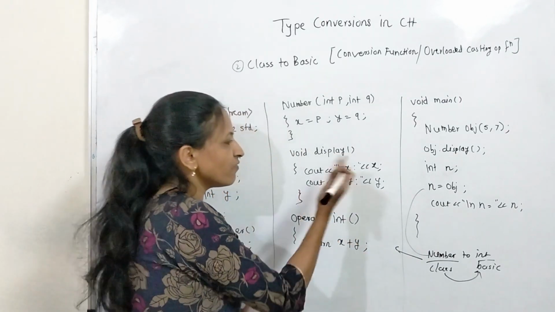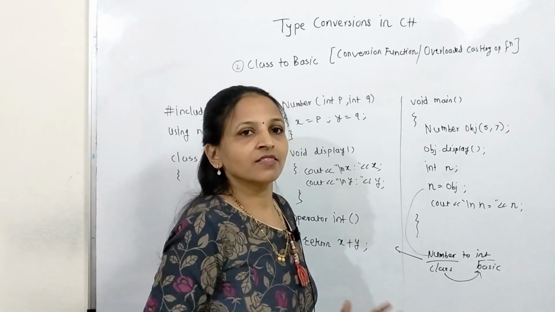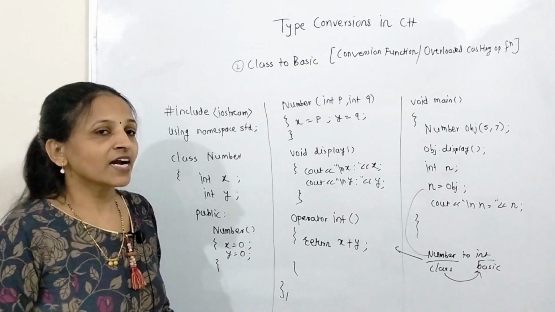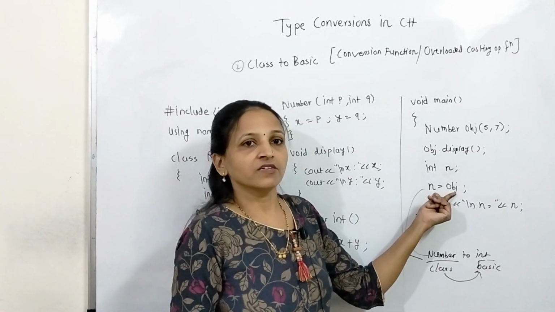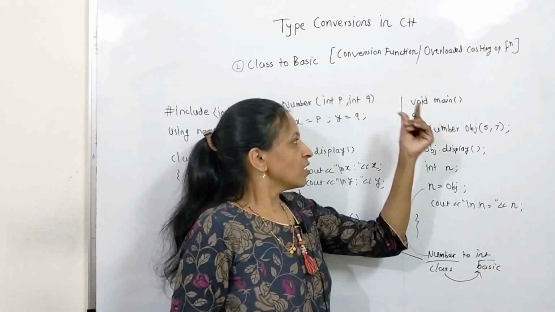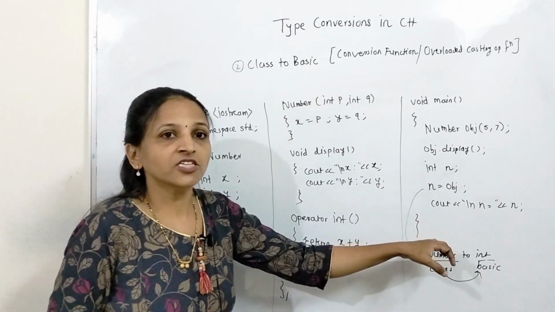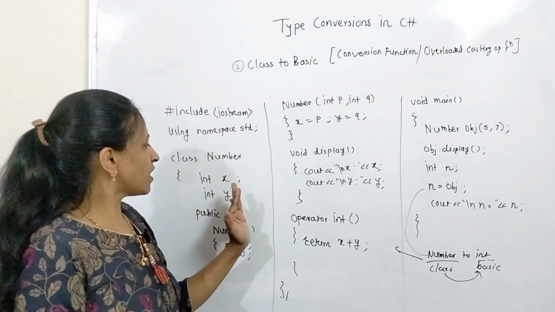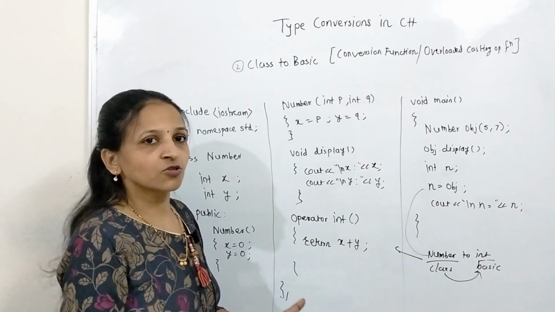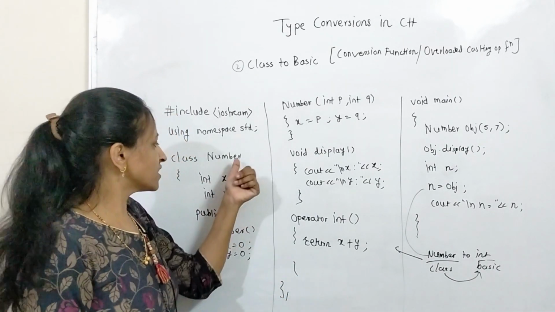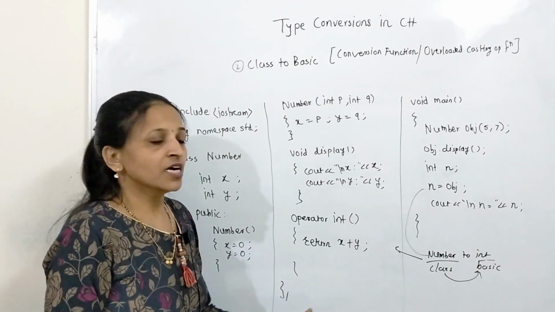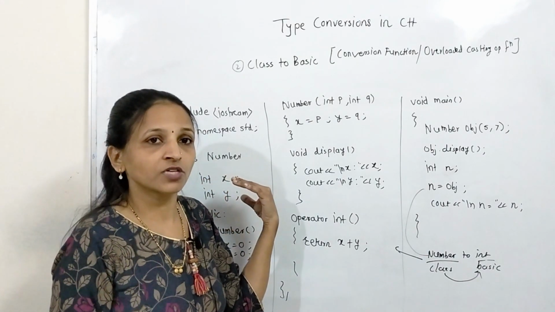And whatever return value, that will get stored inside n. That's it. Now I just want that anywhere there is a type conversion of this class data type to integer, I just want to add these two data members, and the result, of course in the form of integer because x and y both are of type integer, should get returned. That I want to achieve.